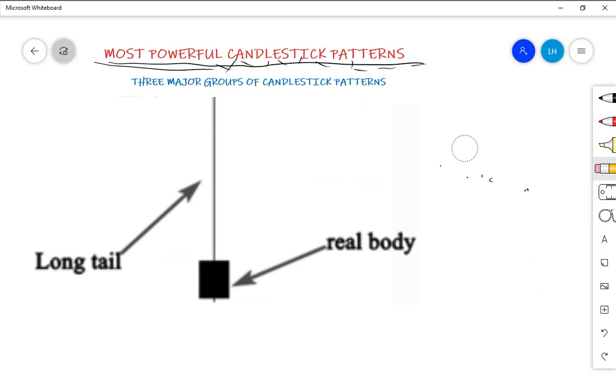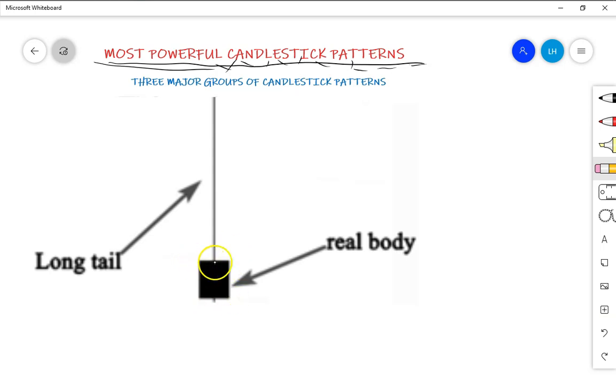It has an opening price; it opens higher and closes lower, because this is bearish. It is different from the bullish, where it opened lower and closed higher.